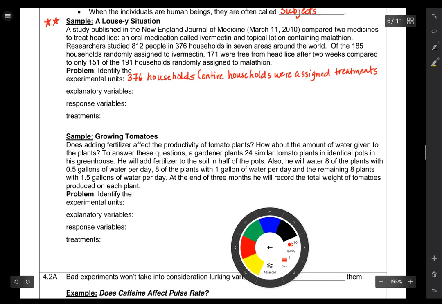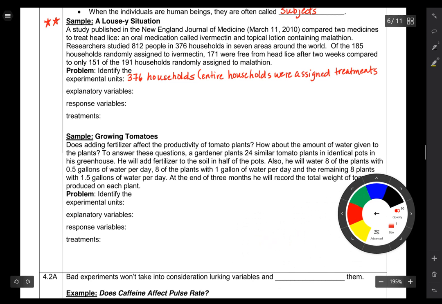The explanatory variable is the type of medication, so either it was an oral medication or a topical lotion. So that's the type.